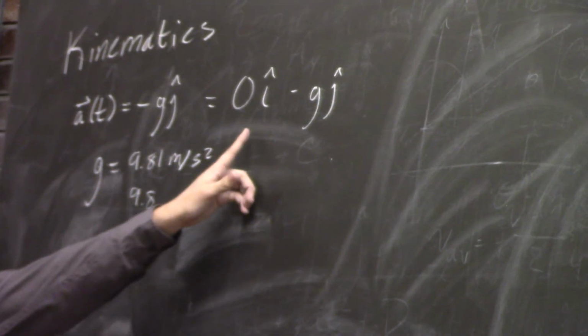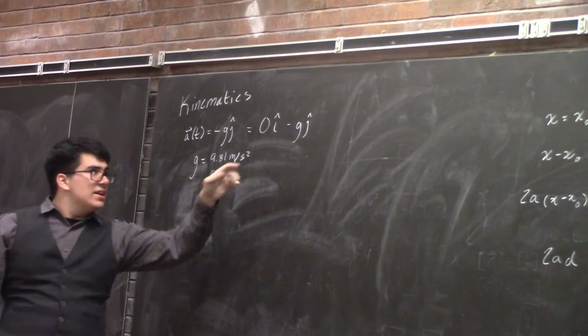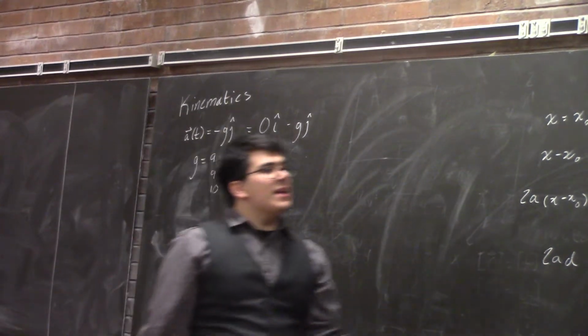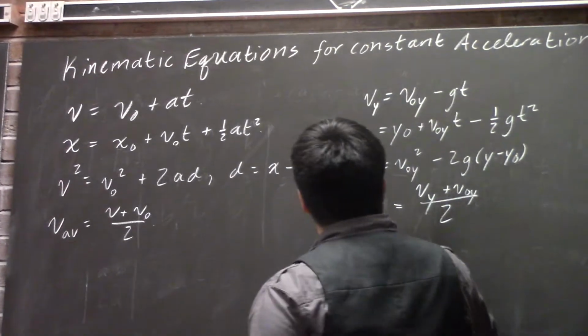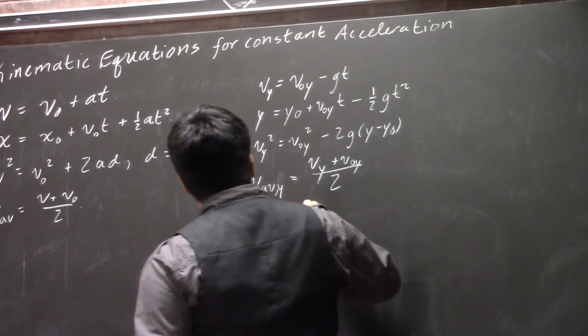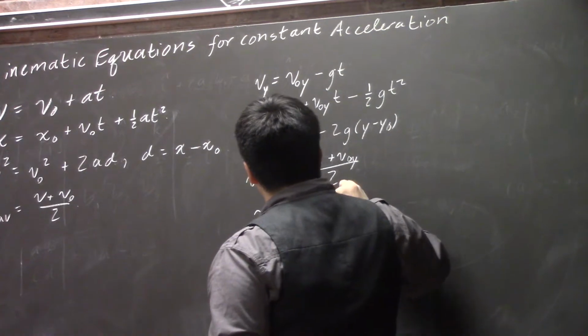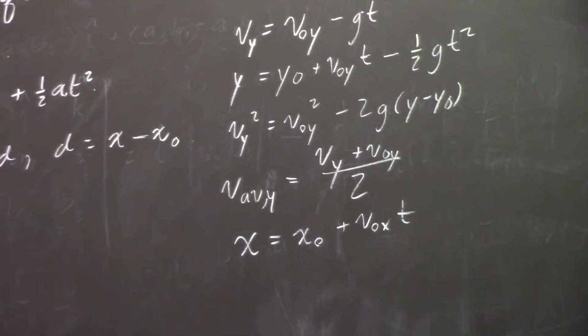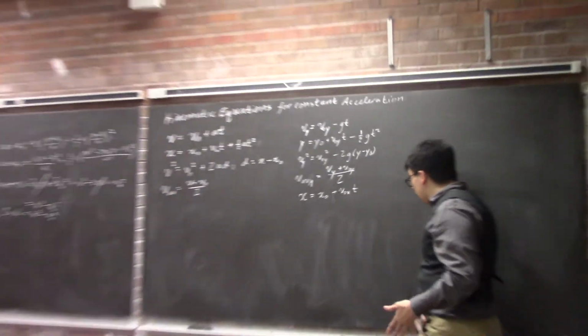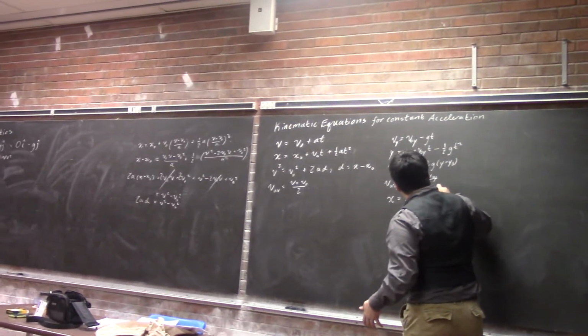So the x acceleration here is going to be 0. Making this equation simply x equals x naught plus v naught x t, right? That makes sense. Okay, so we're good on that.